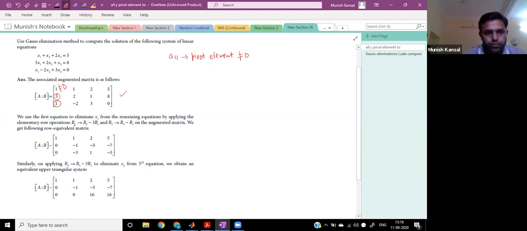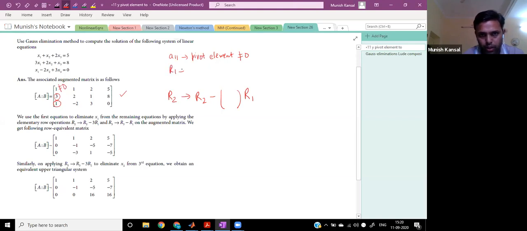Now I will apply some row transformation to make it zero. Similarly, in R3, I will make some row transformation to make it zero. So what is the row transformation? In R2, what should I write? R2 minus something times R1. I have to multiply some number with the first row, that is my pivot row R1.